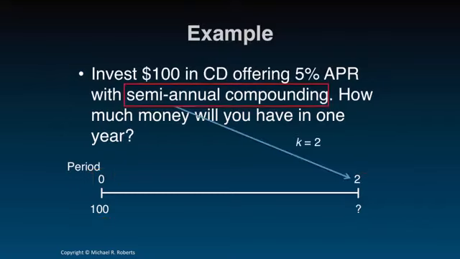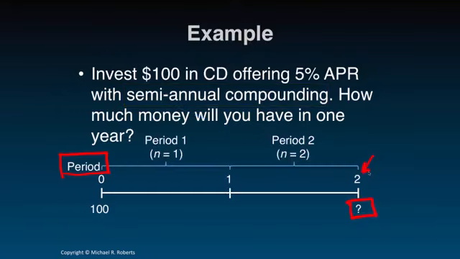The first is to work in periods. With semi-annual compounding, there are 2 periods per year. Since I'm interested in how much money I have after 1 year, that's after 2 periods, and these periods are every 6 months. Period 1, period 2.